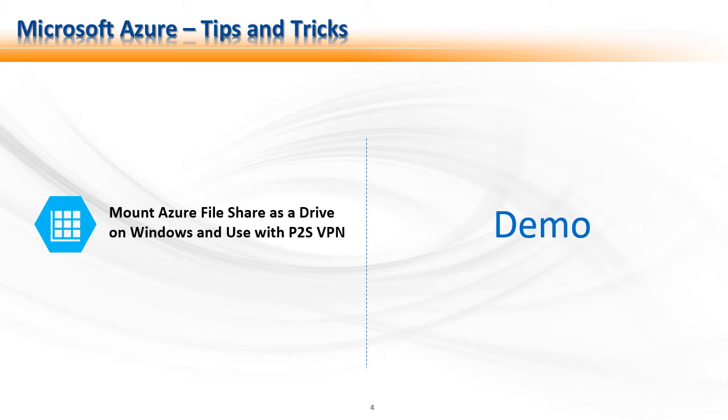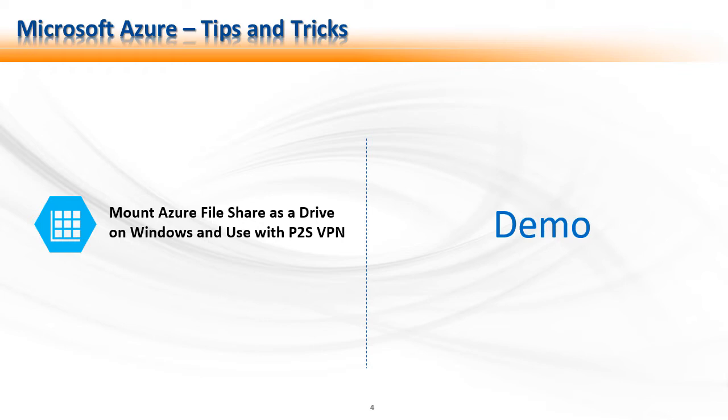It is time for us to now get into the demo and see it in action, how it is configured. What we are going to do is first create a resource group. Once that is created, we are going to create a virtual network where we will be creating 3 subnets: one specific for the virtual network gateway, which is needed for configuring the Point-to-Site VPN, one for the storage account, and the other one which is default.